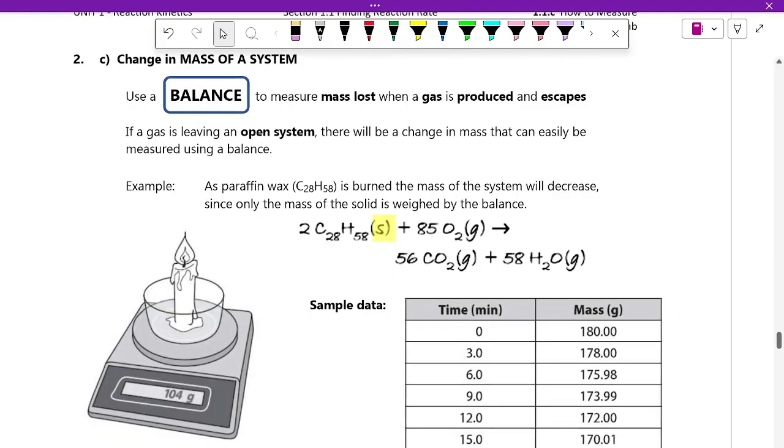And change of mass of a system, you would just put everything onto a balance. This one, because it is so simple, you should be able to describe.